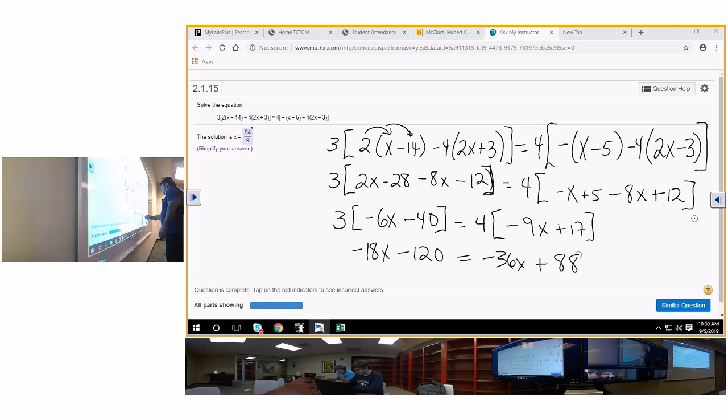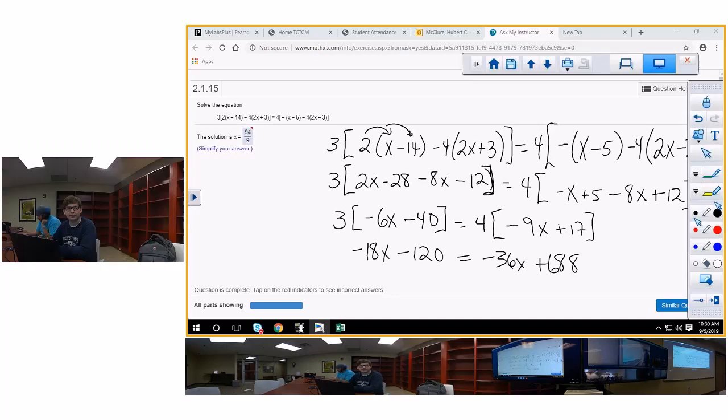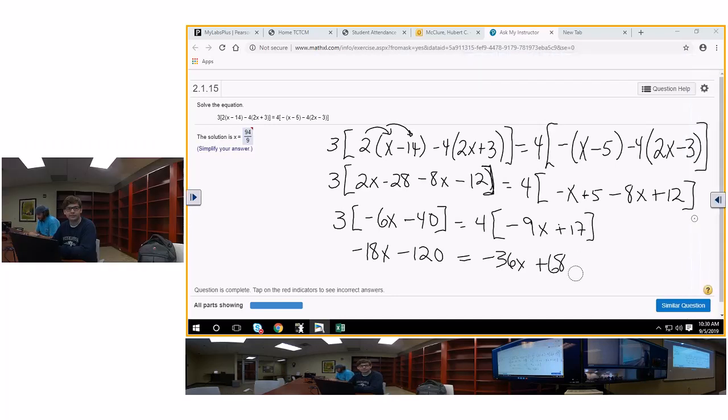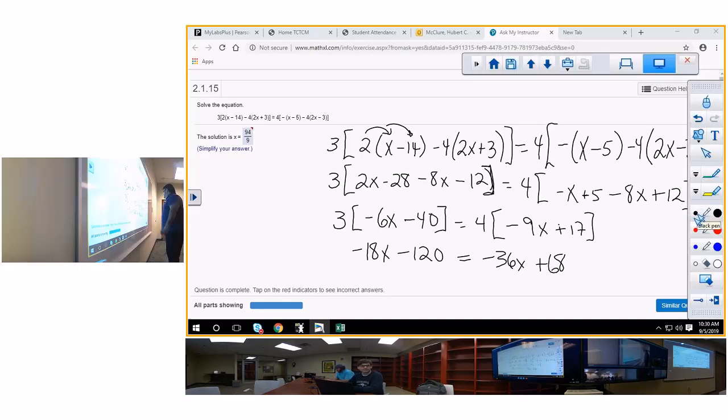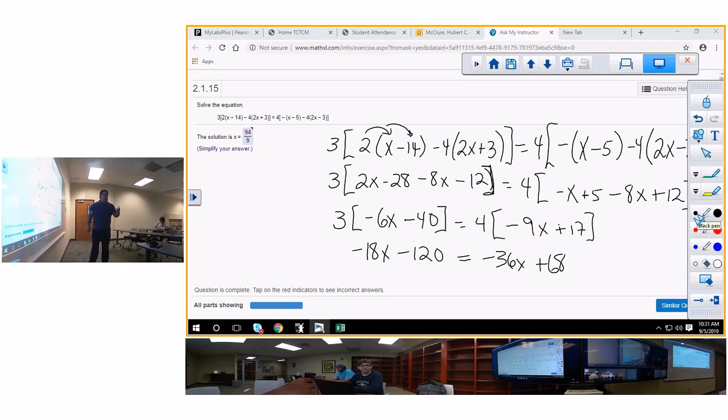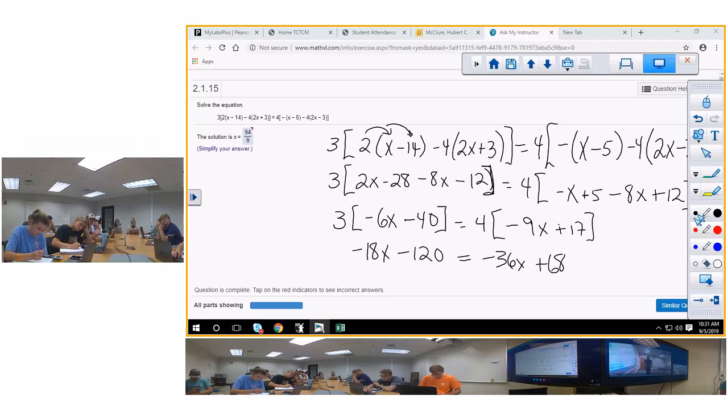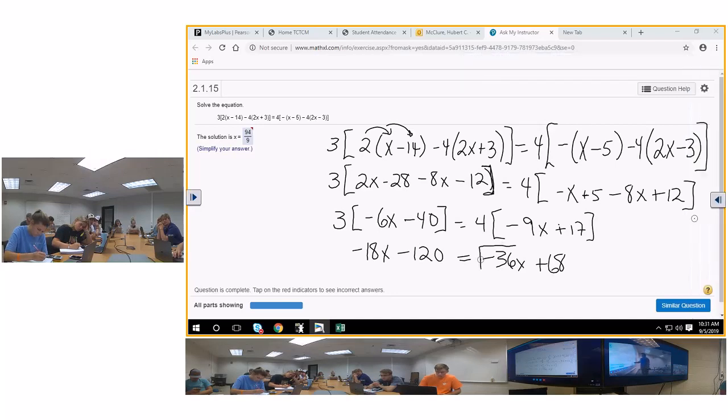Somebody help me there. Yes, sir. 68. I know we got calculator drill team members. Y'all twirl that calculator on your finger like a basketball.